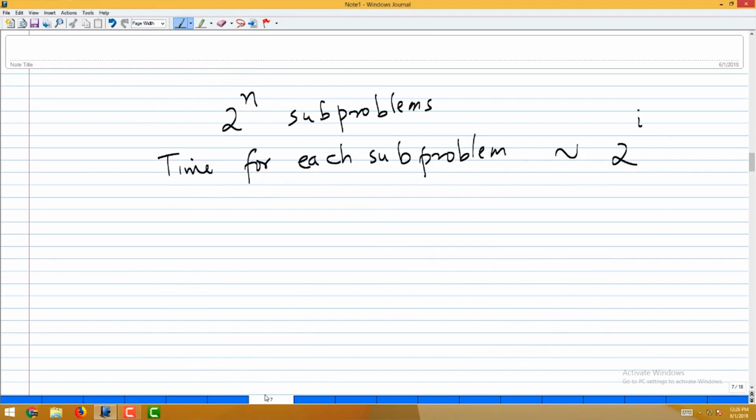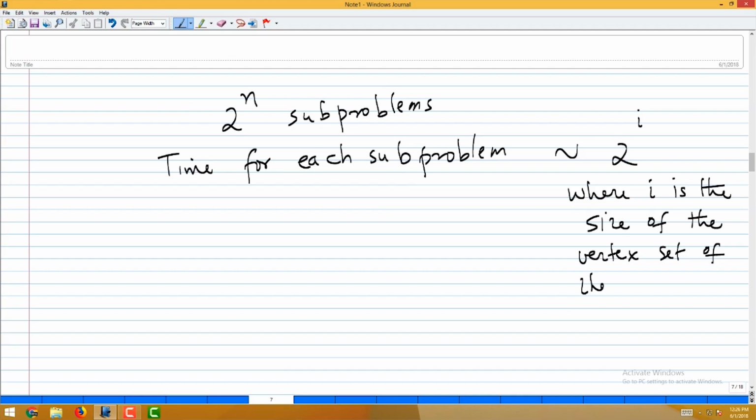So it is 2 power I, where I is the size of the vertex set. If I upper bound it by 2 power n, this gives you something like 4 power n.